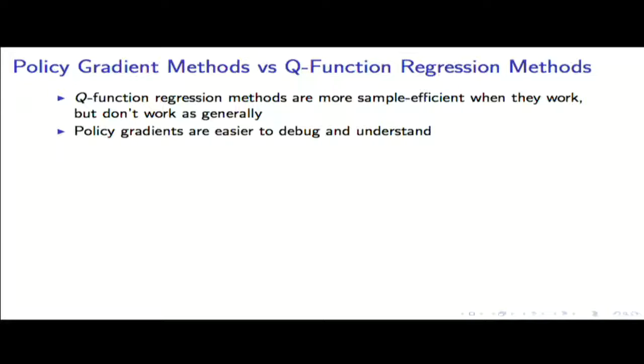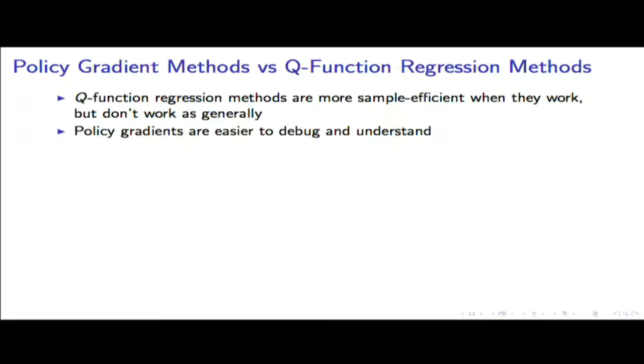But on the other hand, there are a lot of problems where Q learning hasn't been shown to work well. But I'm pretty sure for every problem that Q learning has been shown to work well, people have also been able to use policy gradients, at least all of the well-known benchmark problems like Atari and some of the continuous control tasks that people have looked at.